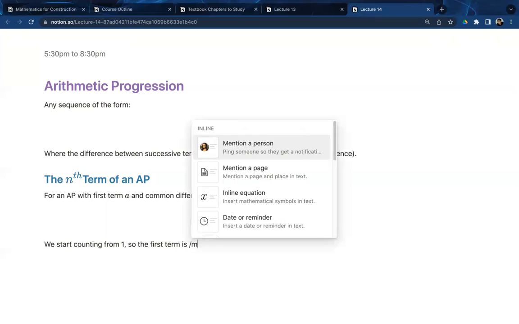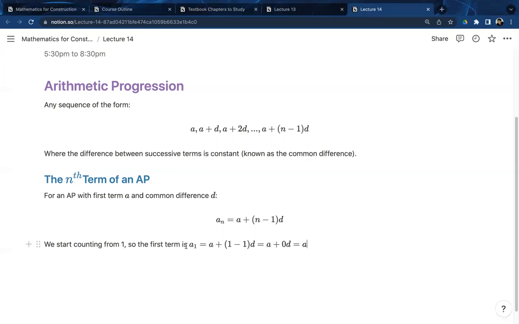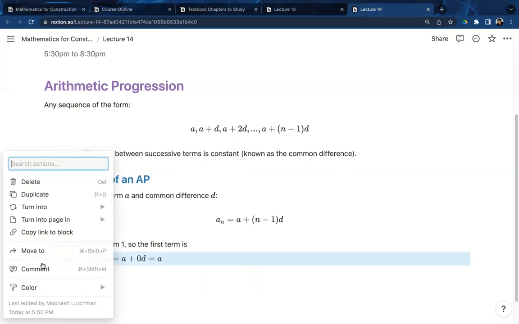So the first term is what? a1, which is equal to a plus, n is 1, so (1 minus 1)d, equals a plus 0d, which is a.